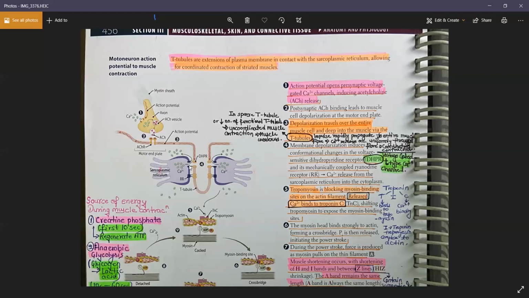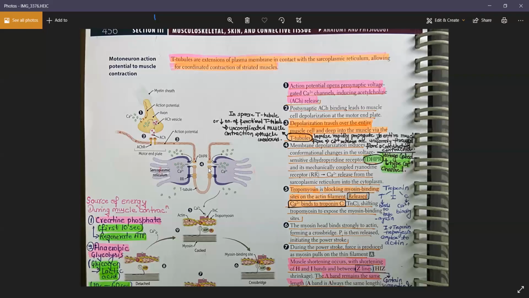When they're stimulated, they will stimulate the ryanodine receptors. After the DHPRs are stimulated, they are coupled to the ryanodine receptors, and when the ryanodine receptors are activated, they cause the release of calcium into the cytoplasm of the muscle fiber.